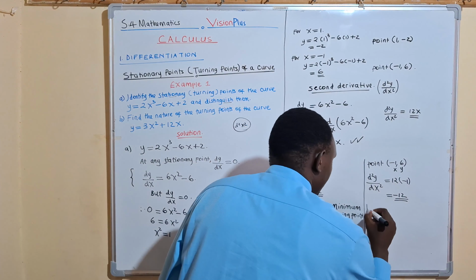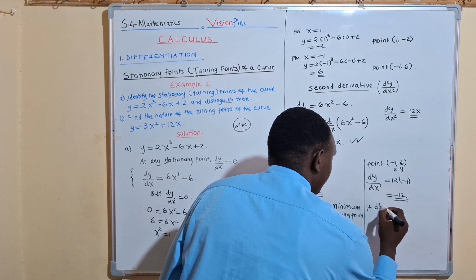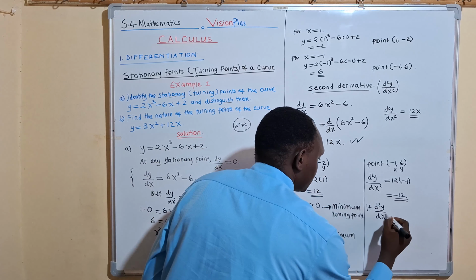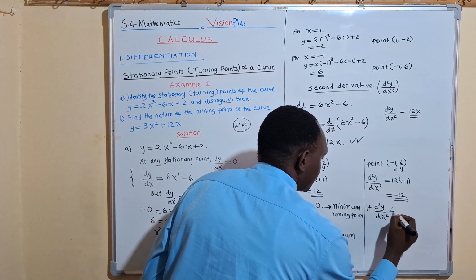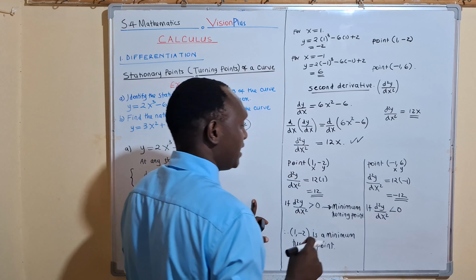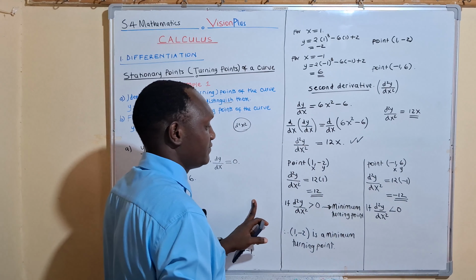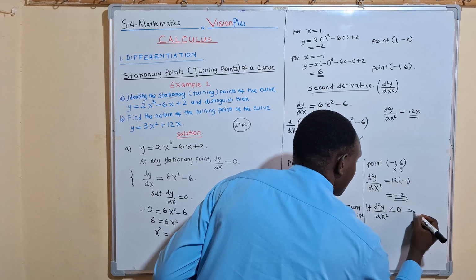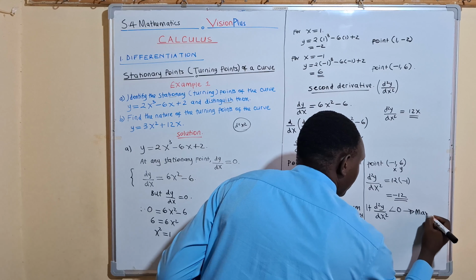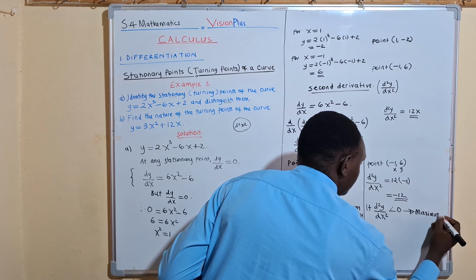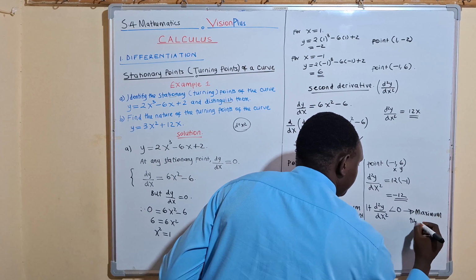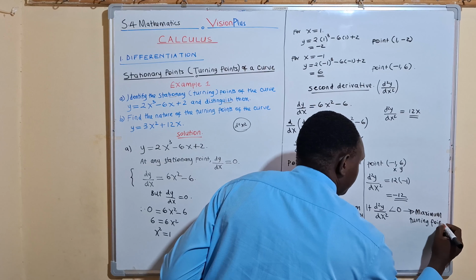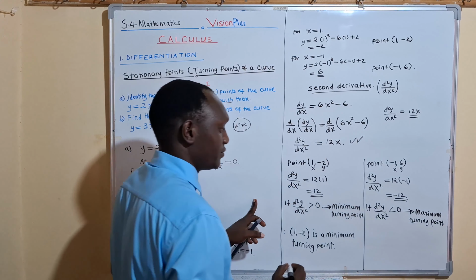And we said before that if d²y/dx² is less than 0, then the point is a maximum turning point. Don't confuse.